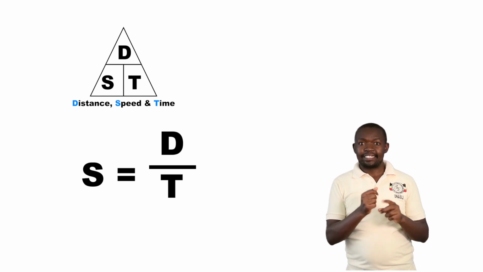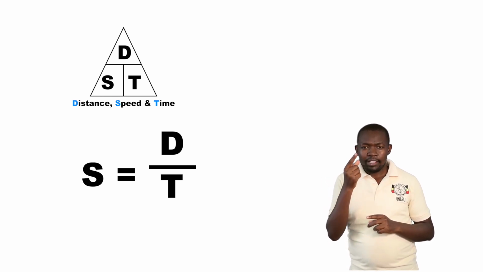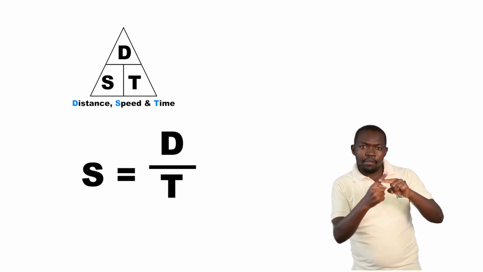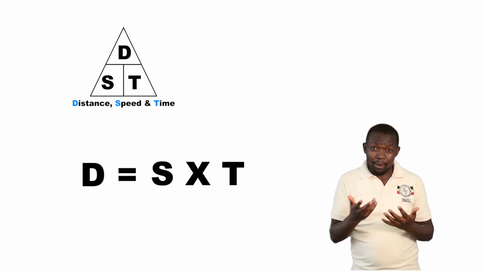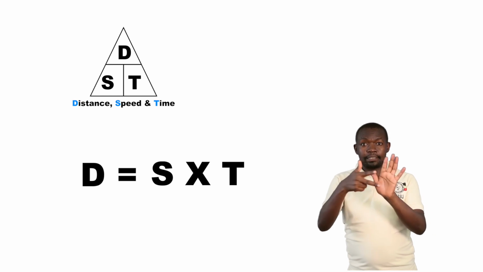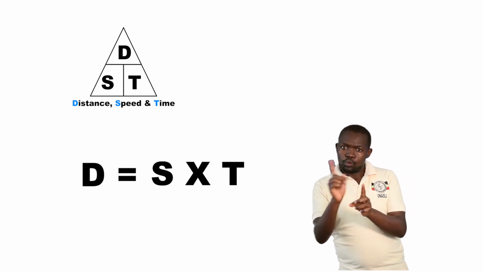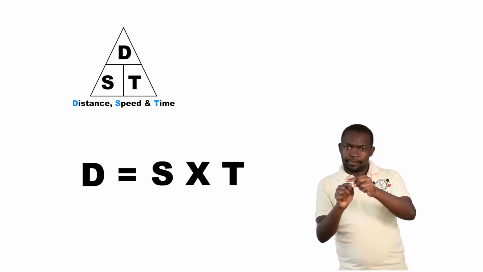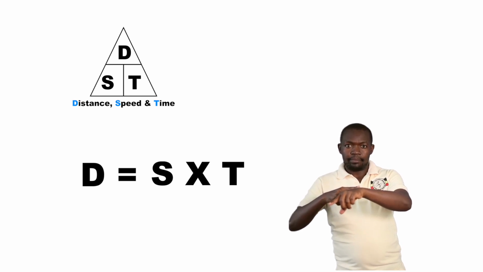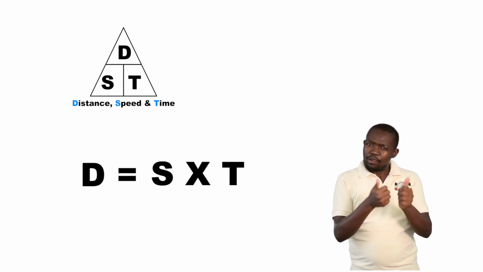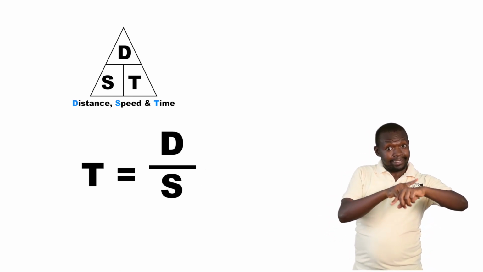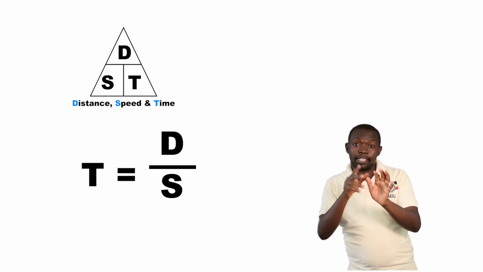In order for you to know how to calculate the distance given the speed or the time, the formula we use is distance is equal to speed times time. What if you're given the distance and the speed, but you're not given the time? What formula do we follow? We say that our time is equal to distance over speed.